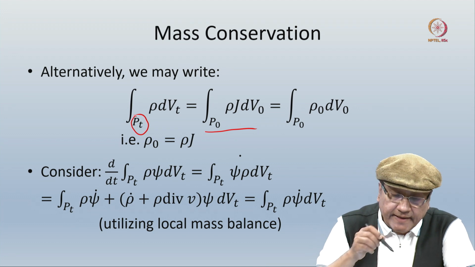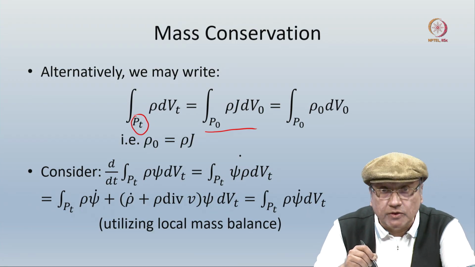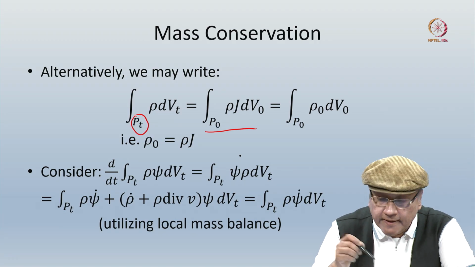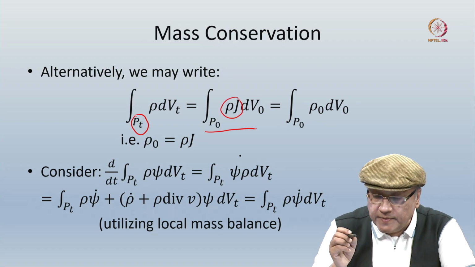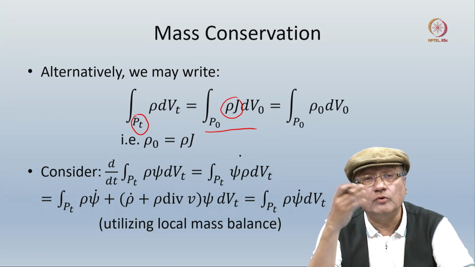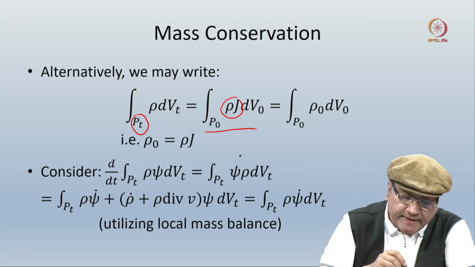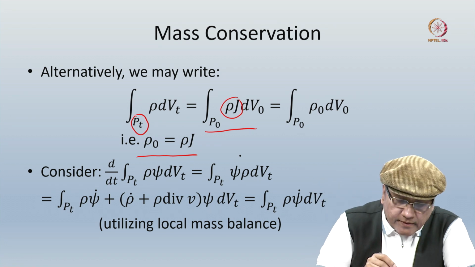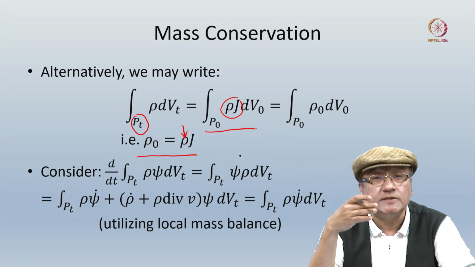Therefore I can say that because this J relates dV0, the material volume element, to the spatial volume element dvt, this rho J must be related to rho 0, the material form of the mass density, right. So therefore I can simply say that rho 0 is equal to rho times J, where rho here is the spatial mass density, okay, mass density written in the spatial coordinate.